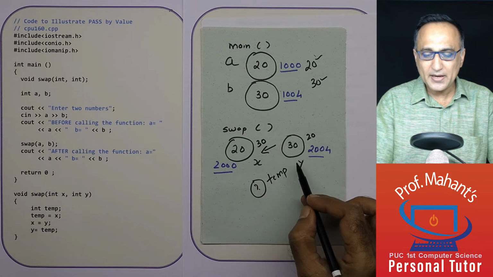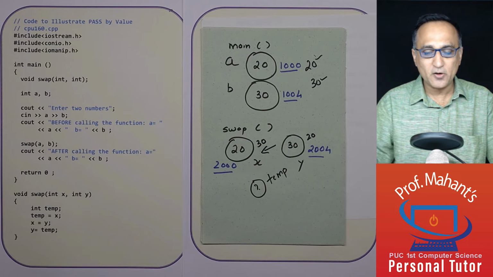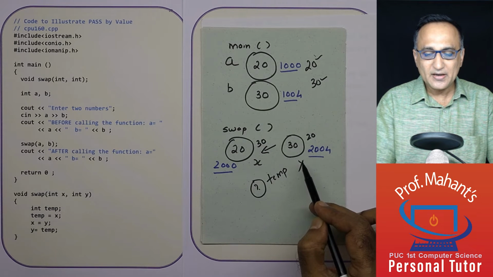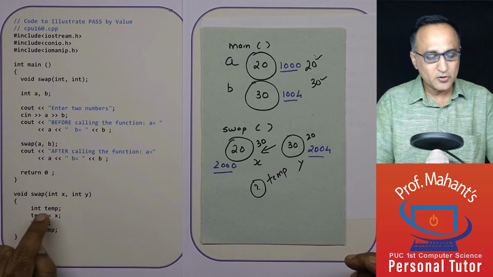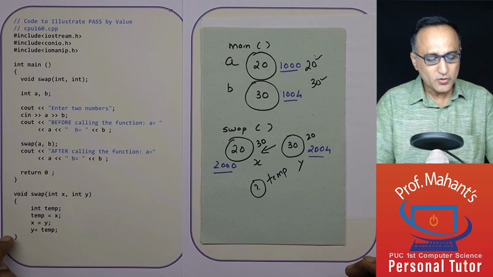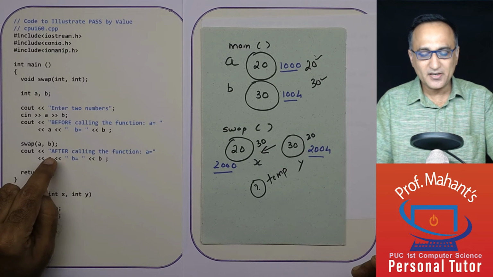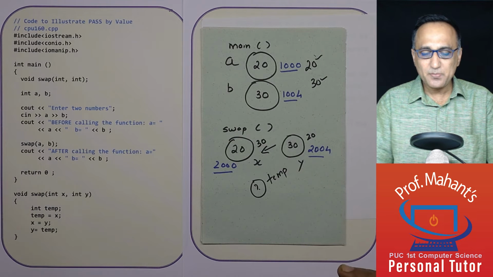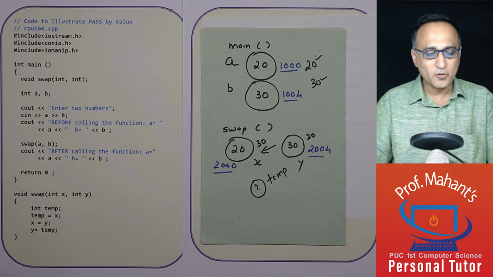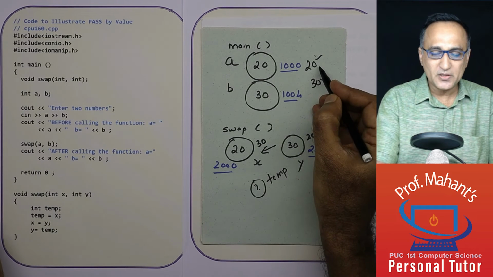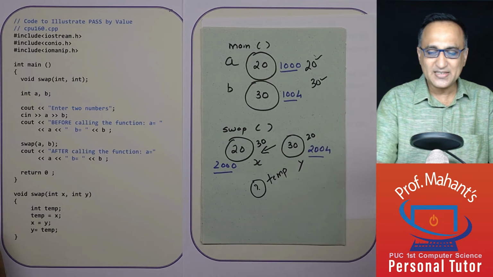Since X and Y represent different memory locations, any change I make to X and Y will not get reflected here, because X and Y are local to swap. They have a scope only within this function. Anything you do to temp, X and Y has no effect here. So since A, B, X and Y are different memory locations, when I come back and print A and B, it's still going to print A as 20 and B as 30.